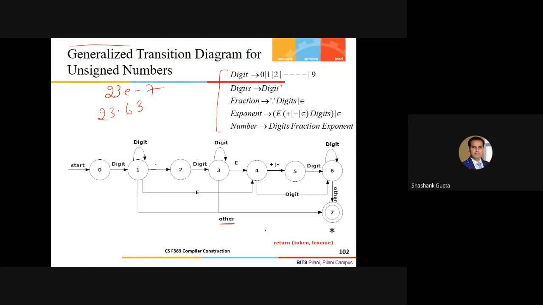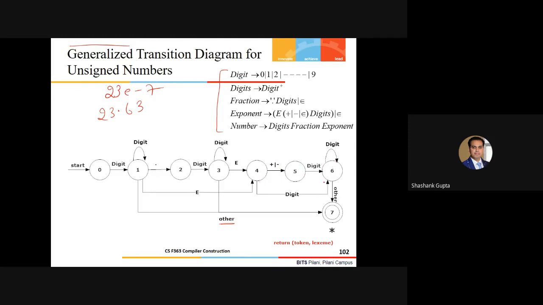Fine. And the definition of the other this time is any symbol apart from this exponent E. Fine. Similarly, from state 4, since I have already consumed the exponent part, I should go for either plus or negative sign. Fine. And this is how I am proceeding. So after that, I have to consume any number of digits. Fine.